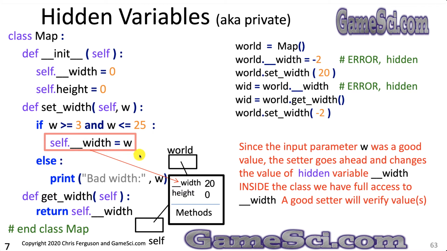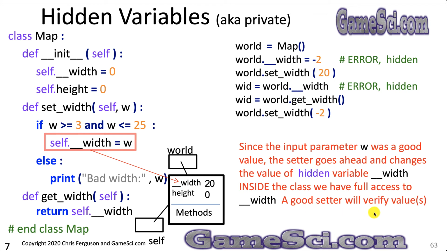self.__width equals W. And the 20 that was passed in the parameter W is assigned to the hidden width variable. Since the input parameter W was good, the setter goes ahead and changes the value of the hidden variable __width. Inside the class, we have full access to __width.